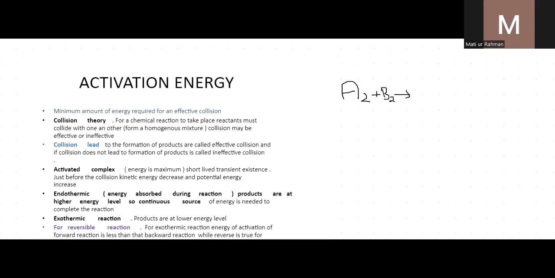So the A2 molecule collides with the B2 molecule and forms an intermediate complex.